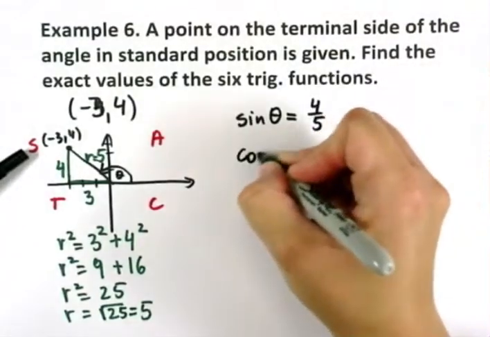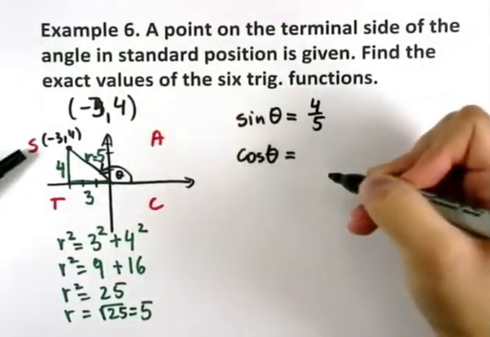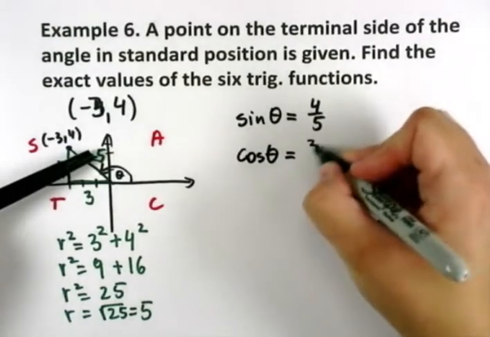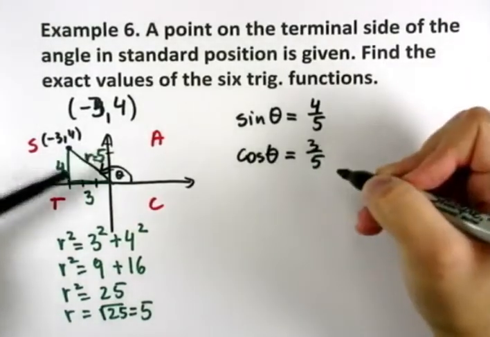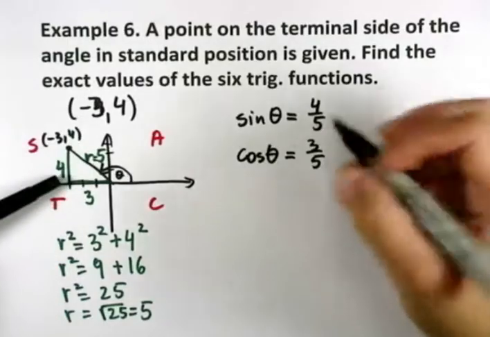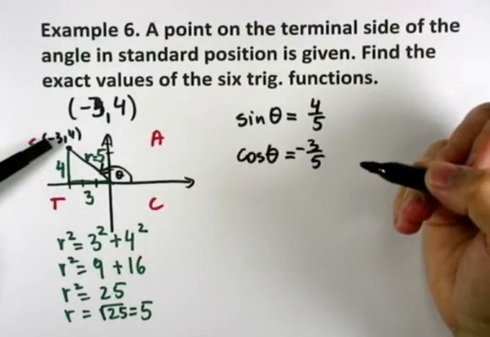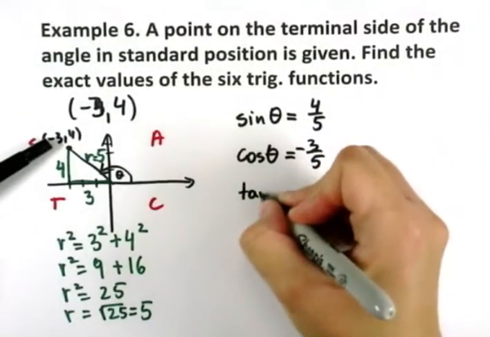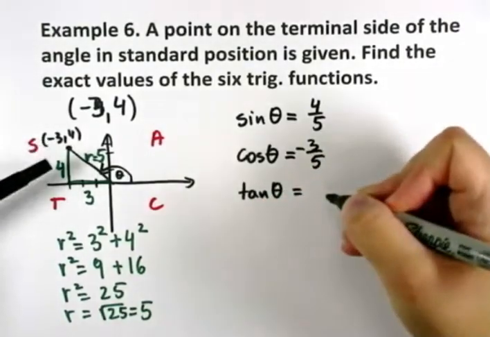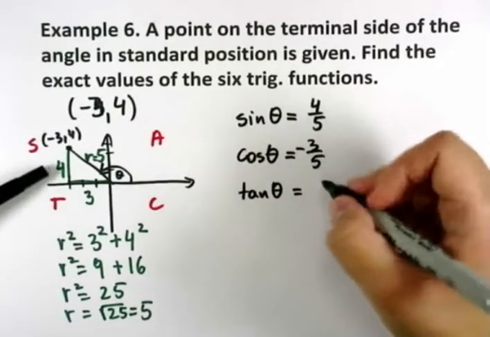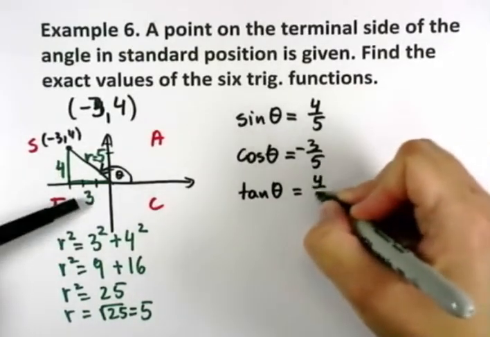Then I have cos theta. Cos theta is adjacent over hypotenuse, so it's 3 over 5. But now I am in the second quadrant, so the value is negative. You can think that's minus 3. And then we have tangent, which is opposite over adjacent, so it's 4 over 3.